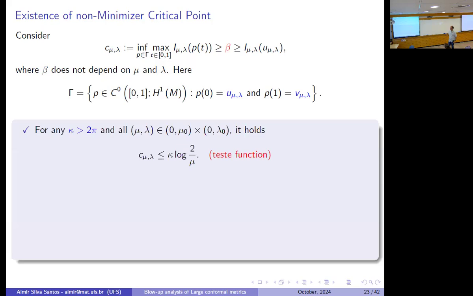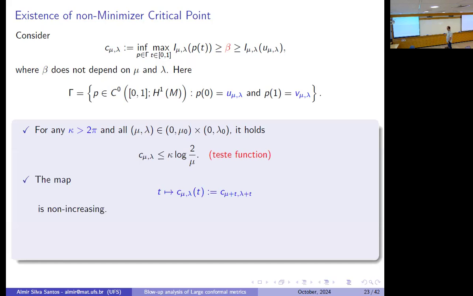And you can prove that this level satisfies these estimates. For this you use a test function. And these estimates are important to prove what you prove.